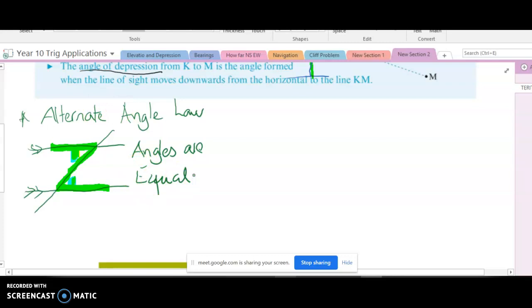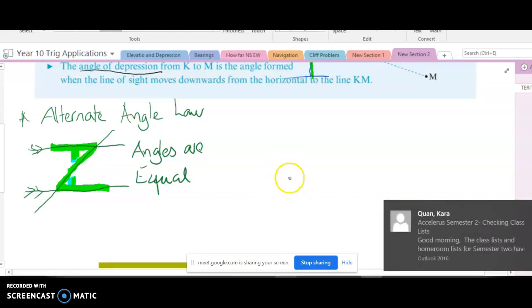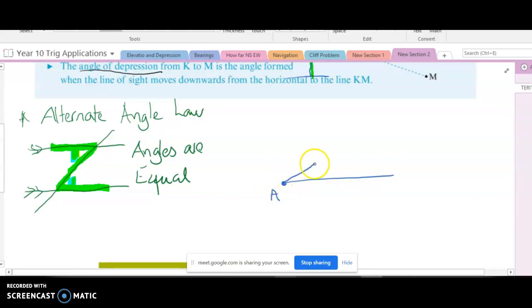Now, how is that useful? Well, very simply, often you will be asked to work out the angle from, let's call it, the angle of elevation. You'll be looking up. But you might have another person who is at the top there, and he'll be asked to look at the angle of depression from B to A. So they are basically looking at each other.